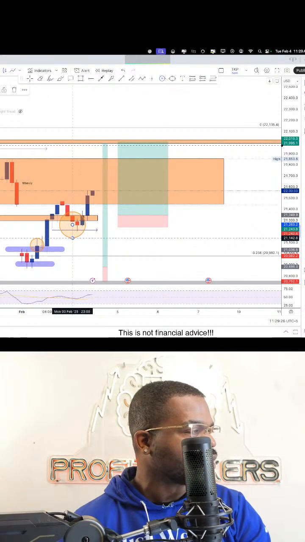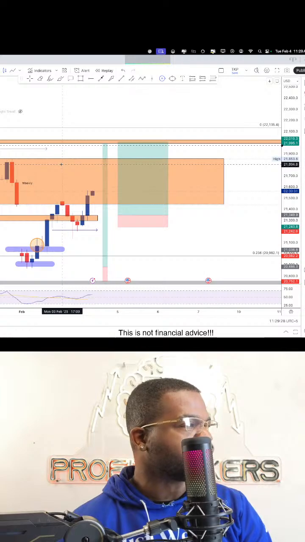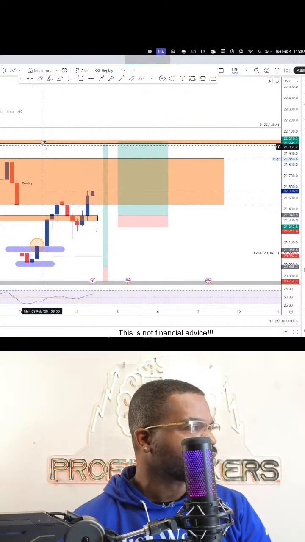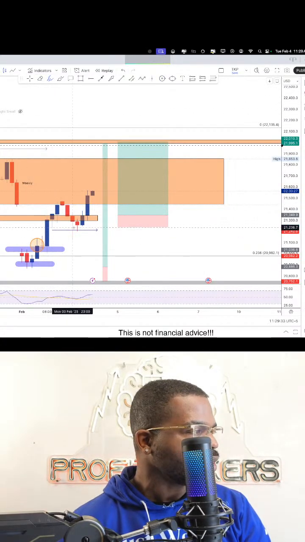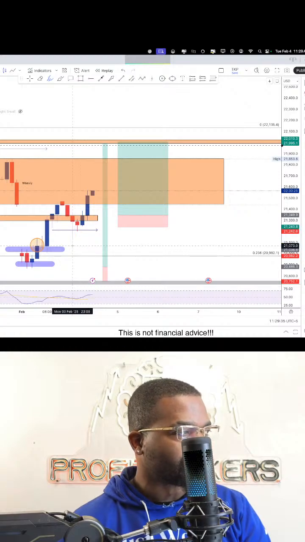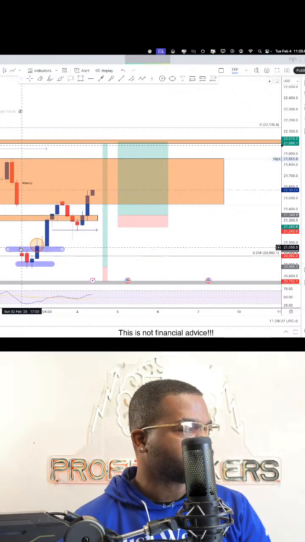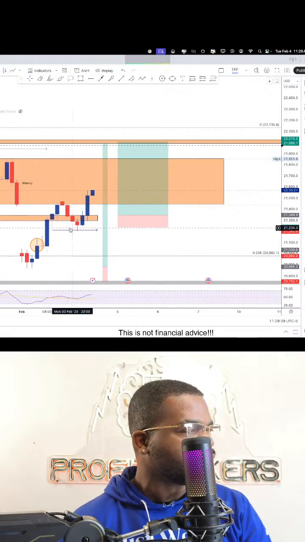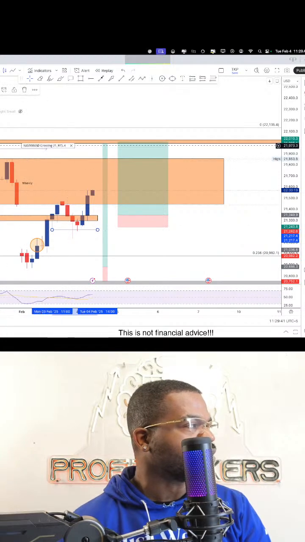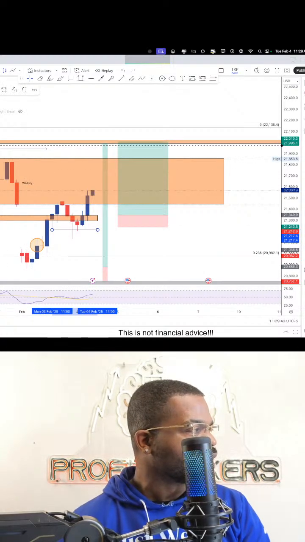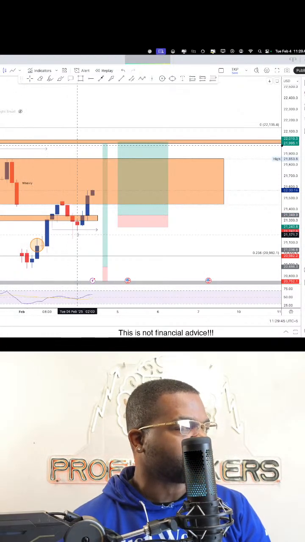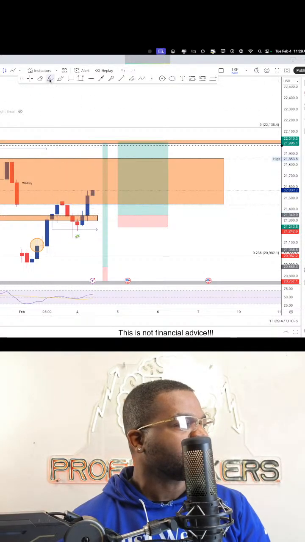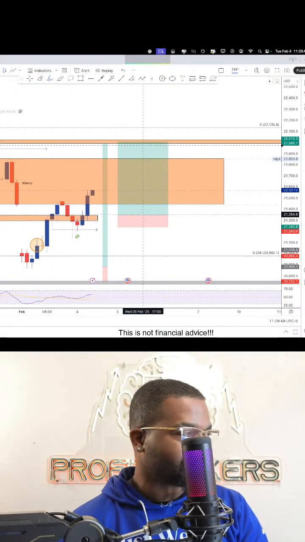And price came close, but it didn't retest it yet. So I want to be a little more patient. So now that I'm seeing that we got liquidity underneath this area, that changes the perspective of using this level as an entry.